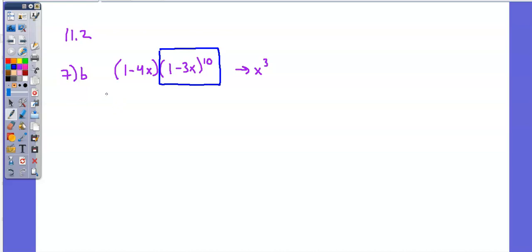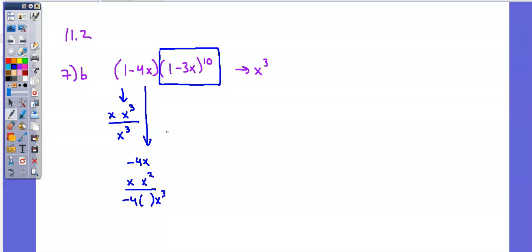If I multiply 1 times something x^3, I will get something x^3. And in the case of -4x, if I multiply this by something x^2, I'll get -4 times some coefficient from the other term, x^3.